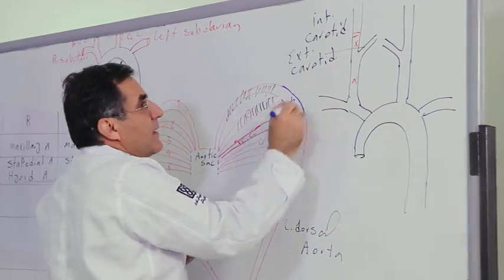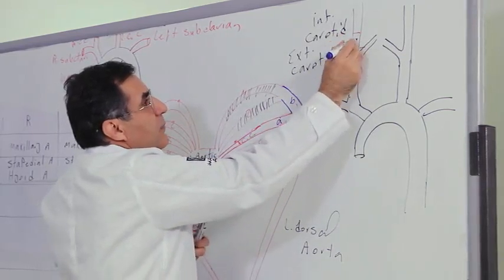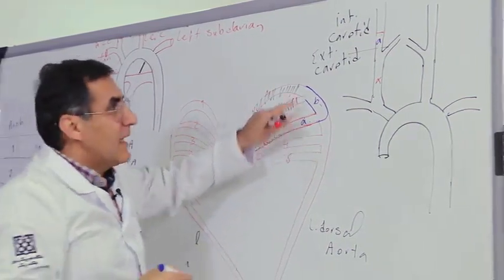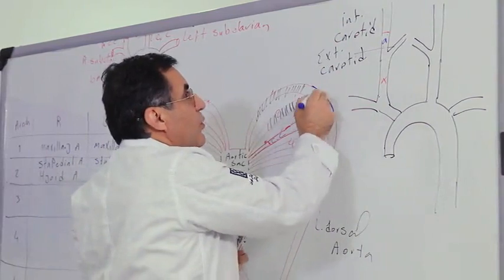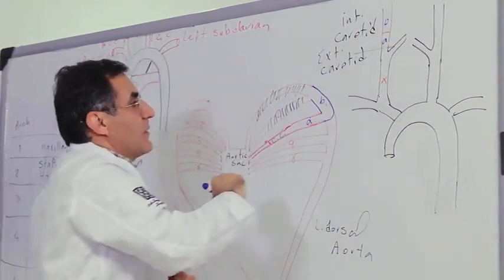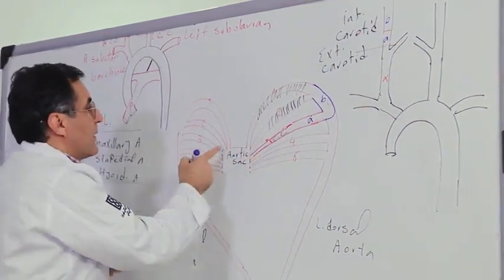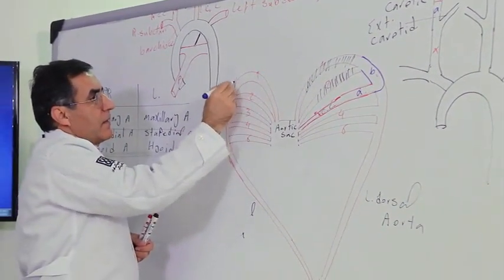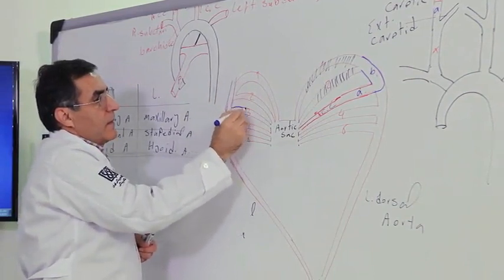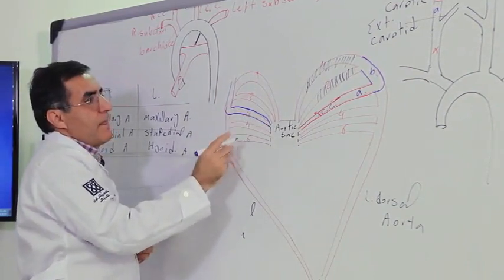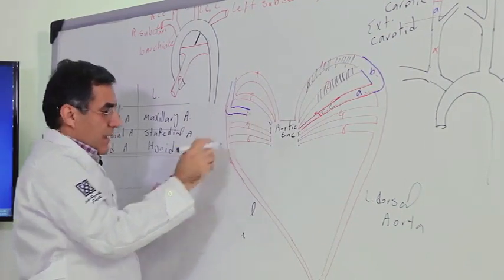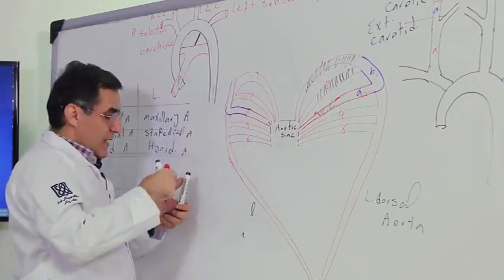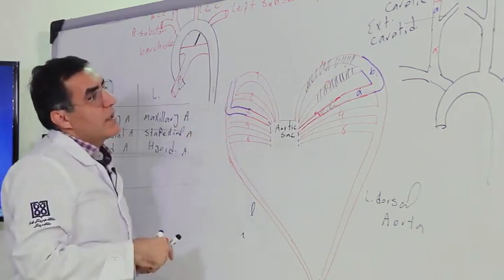It means that the proximal part of the internal carotid is made by the third arc, and the distal part is made by the dorsal aorta of the same side. Okay? The left side is the same. You can see that the internal carotid artery is made by the third arc and the right side of the dorsal aorta.